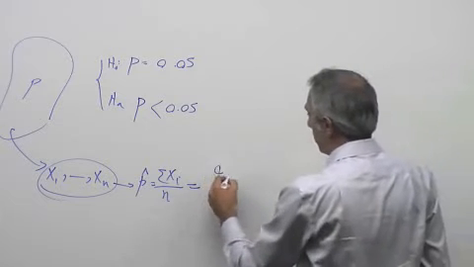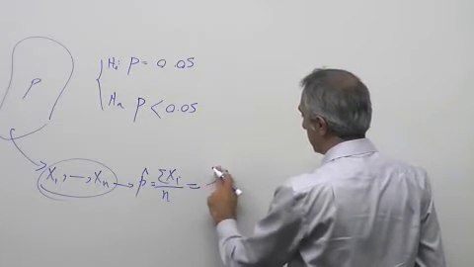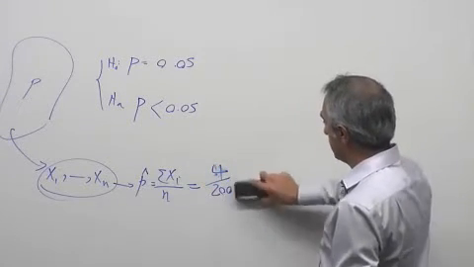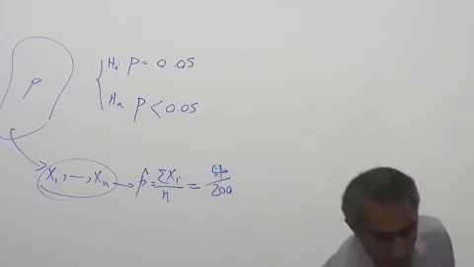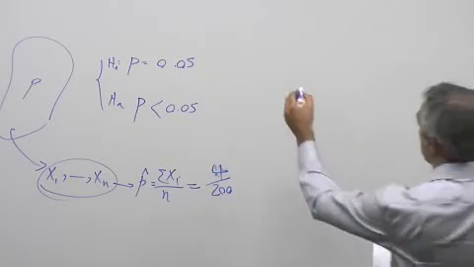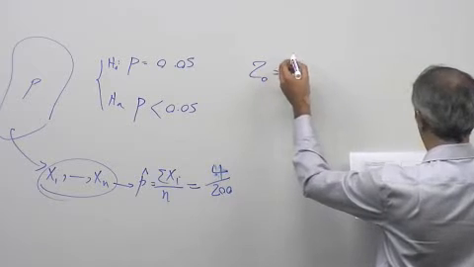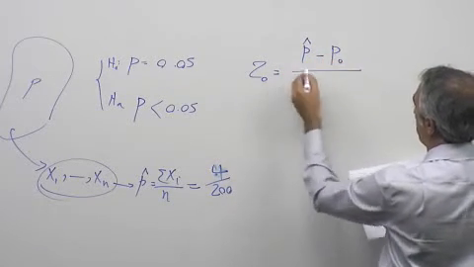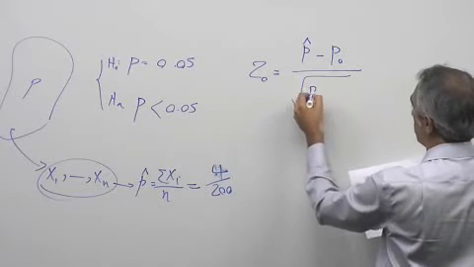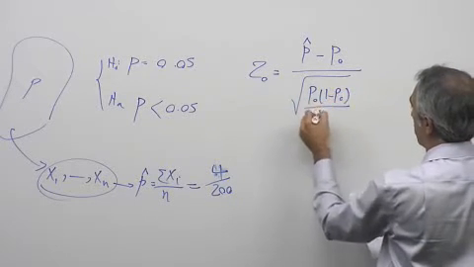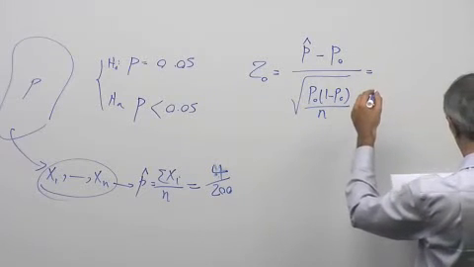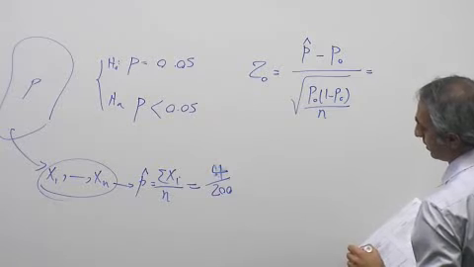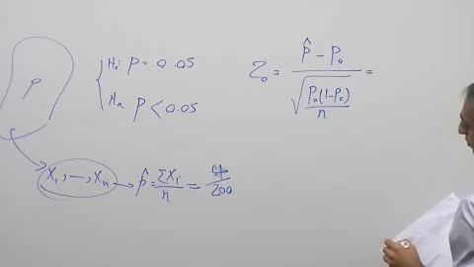So 4 divided by 200 is your P hat, and then let me use my cheat sheet here. Your Z0 is P hat minus P0 divided by the square root of P0, 1 minus P0 divided by N. 4 divided by 200 is 0.02.